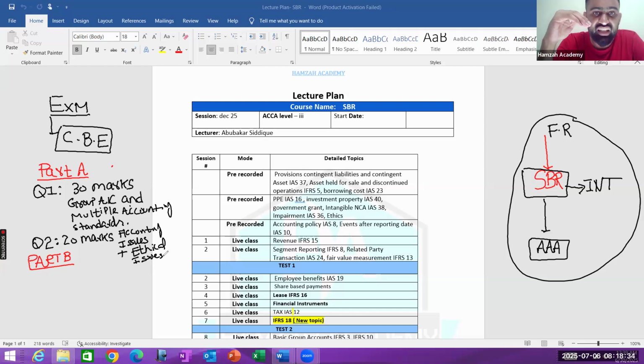So ACCA in this paper is trying to tell you that the future of the accountant is not to prepare the financial statement. That thing would be done by the software. We are living in the times of AI.